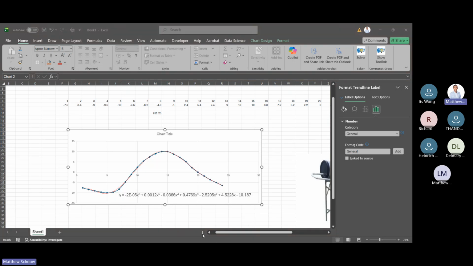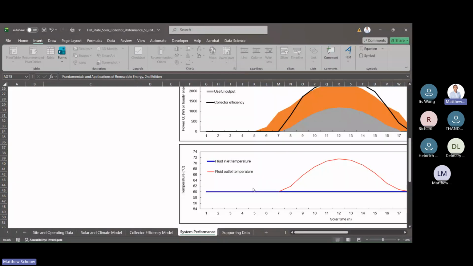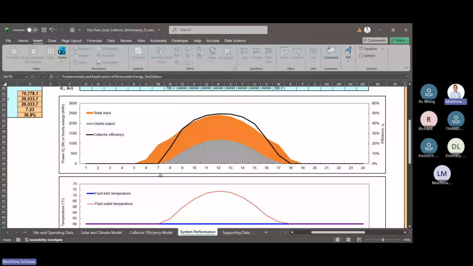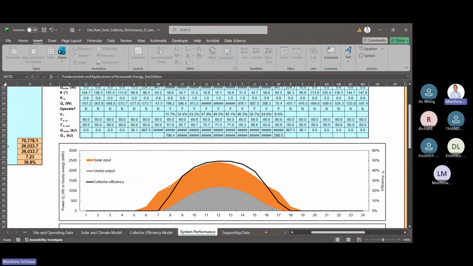Where else? Let me just share this one quickly. If you can get data and plot it with two axes, you can basically get any equation possible. Like this one over here, it's the same spreadsheet I showed you before. Here we have the collector efficiency over the day, the solar input, and the useful output.